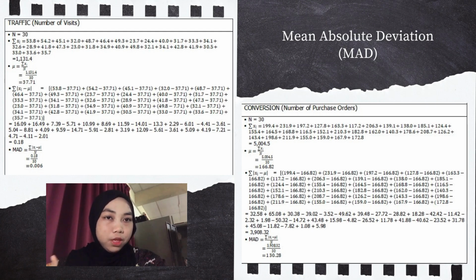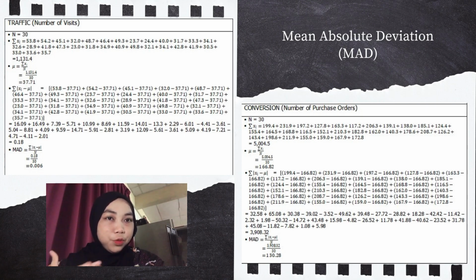A higher MAD indicates a greater dispersion or variability in the data. In this case, the MAD of the purchase order is larger, suggesting that the data of the purchase order has more variability compared to the number of visits.